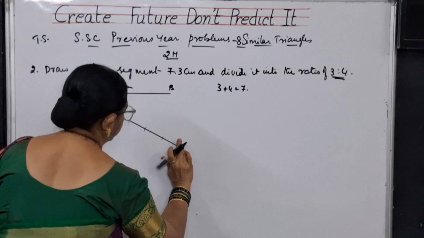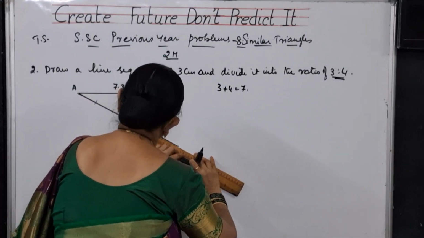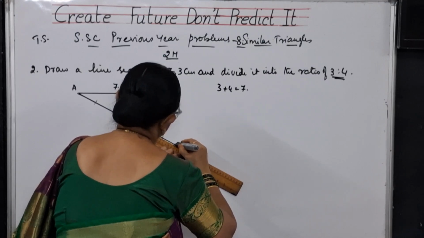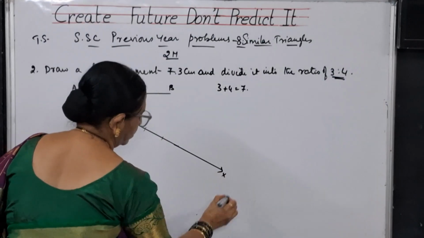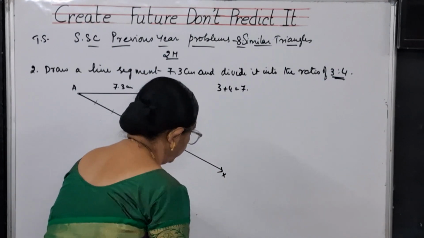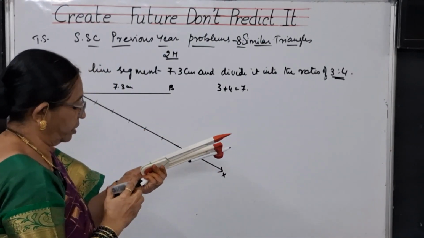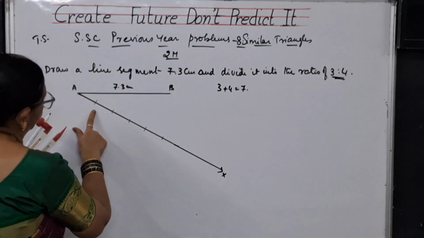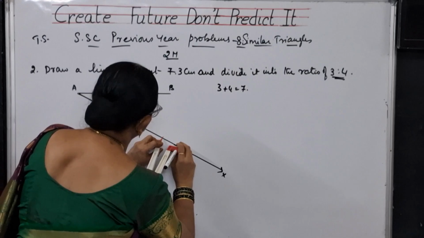Let me extend this. So how many? We are not supposed to disturb the compass, children. So I have got how many points? 1, 2, 3, 4, 5. So I need one more.